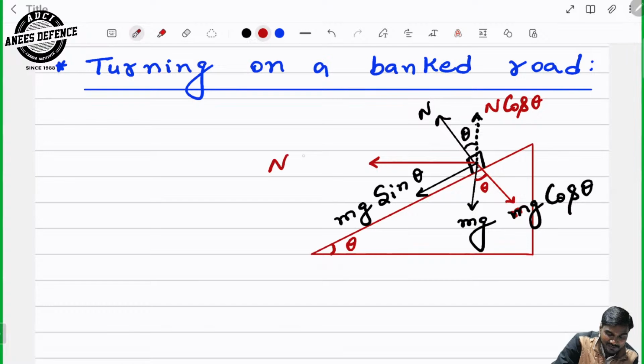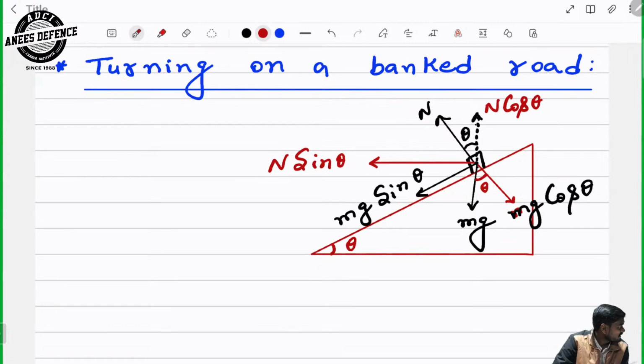In this situation, n sin theta is acting in the direction of the radius vector. Note, the radius vector is away from the center, so n sin theta acts towards the center. Because of the circular track, n sin theta is the force acting towards the center.